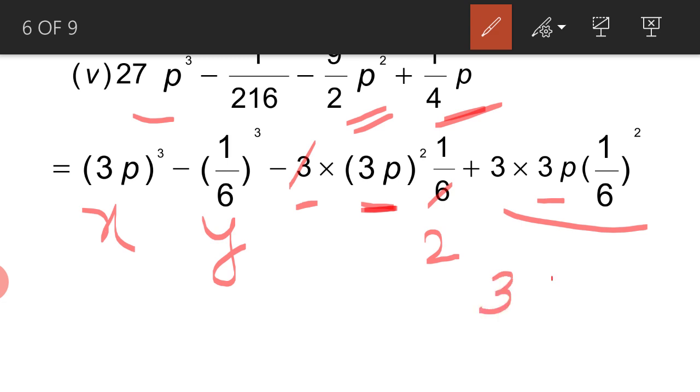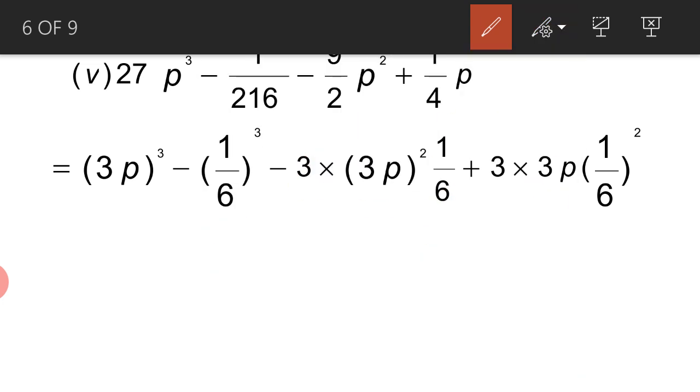Similarly, verify for this term and this term. Okay, so now it is 3 into x, that is 3p, into y square, that is 1 by 6 whole square. Now 9 and 1 upon 6, you cannot cancel 3 right now. First you need to do the squaring. So it will be like 3 into 3 into 1 by 6 into 1 by 6. So now you can cancel it and you will find 3 3s are 9, 6 6s are 36. So answer will come 1 by 4 p. Is it same? So we say yes.